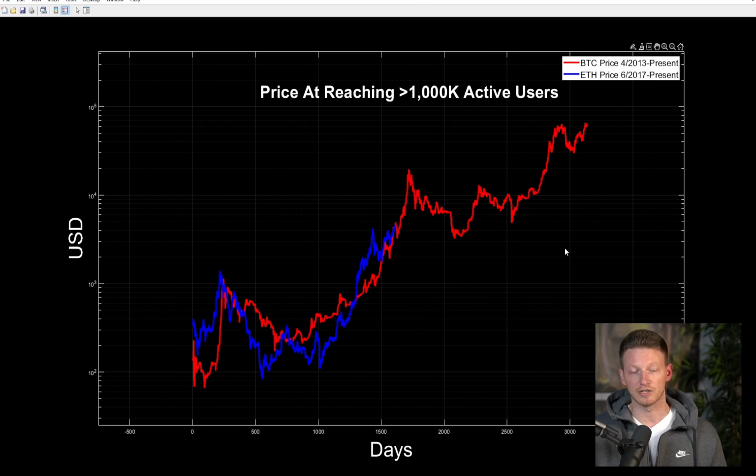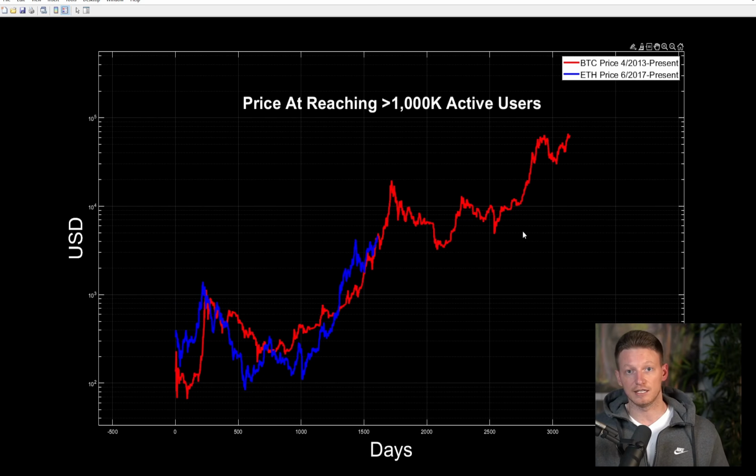It could depend on other networks, just things like Solana come to mind at the moment, Cardano, other layer ones. And it also depends on Bitcoin and the crypto climate in general. But at the moment, we are on track for this to remain true, where Ethereum eventually, in the not too distant future, reaches $20,000.